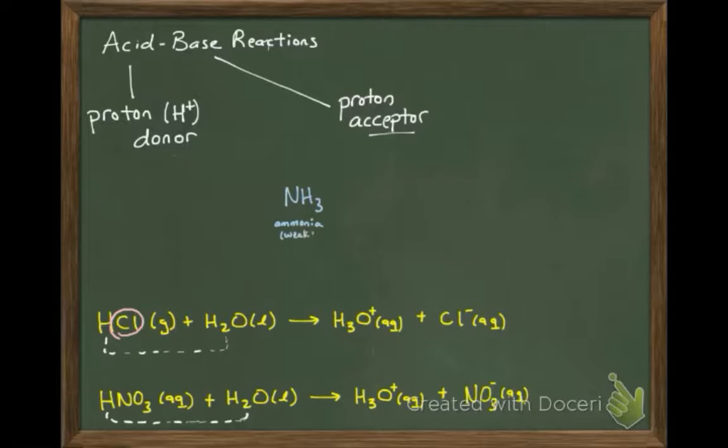Ammonia is a weak base, and when we put that into water, it will act as a proton acceptor, taking a proton from the water. Now, the proton H plus carries with it its charge to the NH3 and produces NH4 plus.